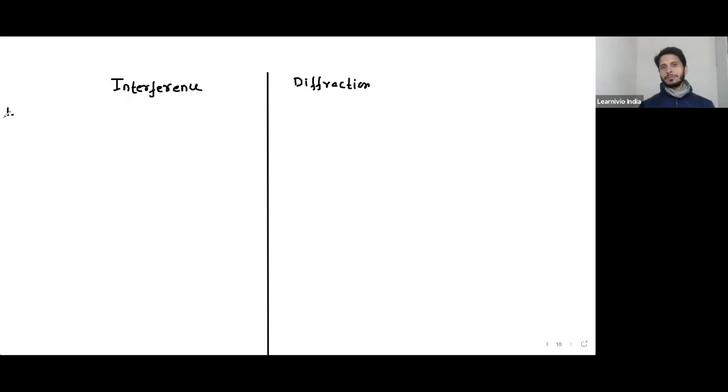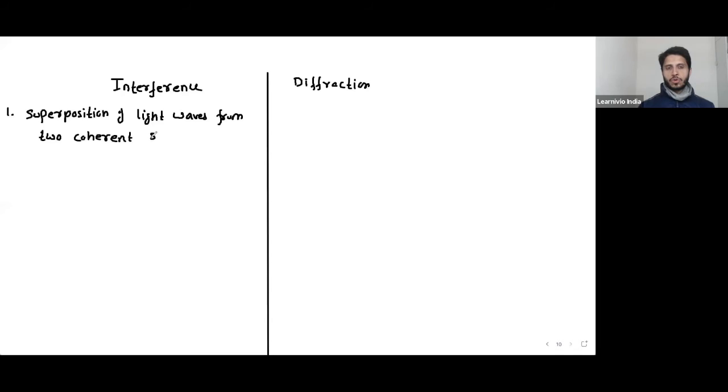Interference is due to superposition of light waves from two coherent sources.